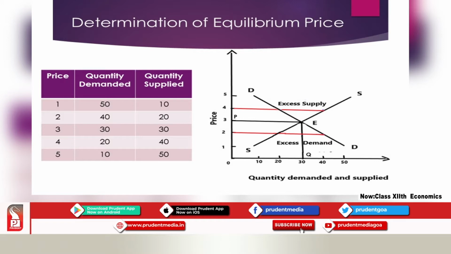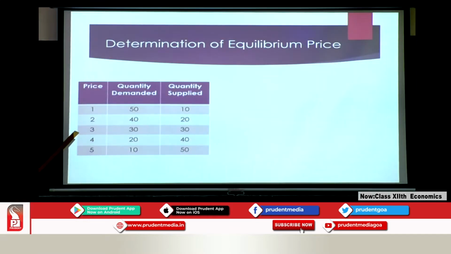In order to obtain equilibrium price, we first have the schedule which shows the price, the quantity demanded and the quantity supplied. If you see here in the price column, we find that as the price raises from 1 to 2, the quantity demanded reduces from 50 units to 40 units.